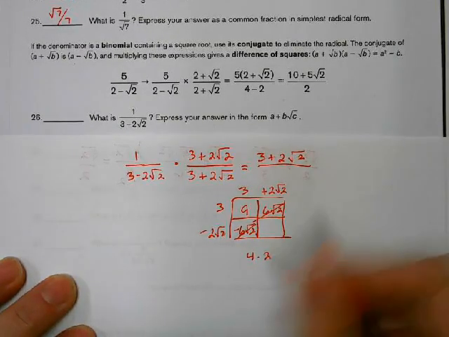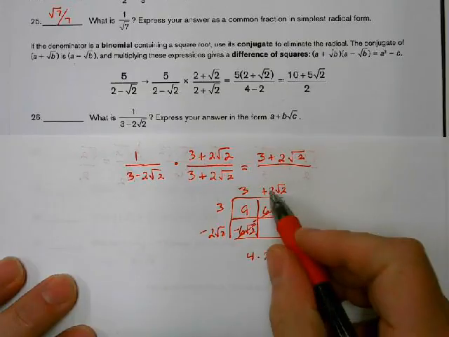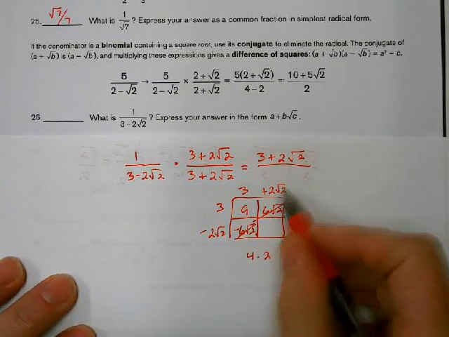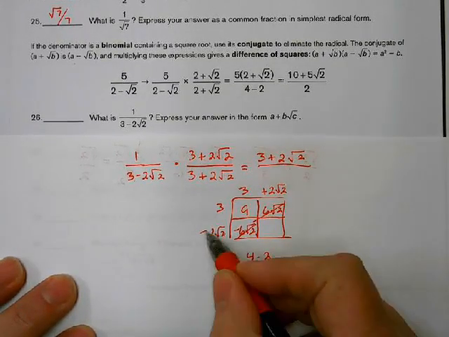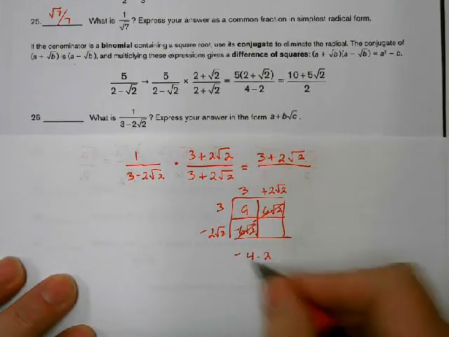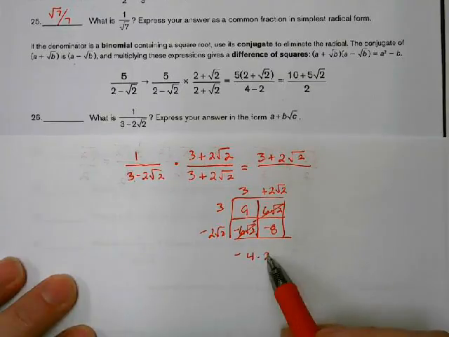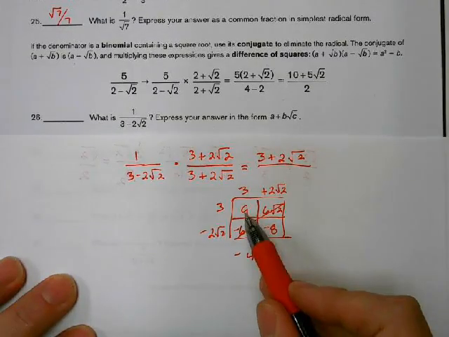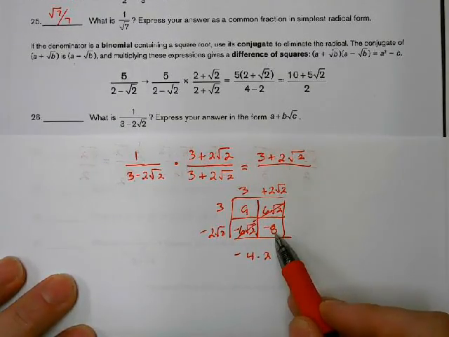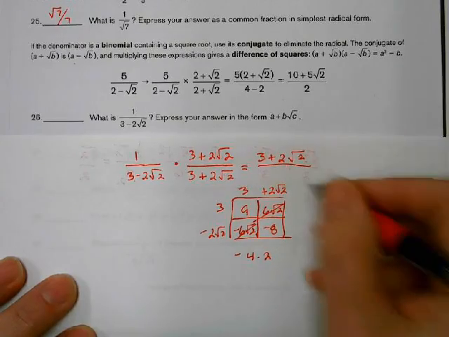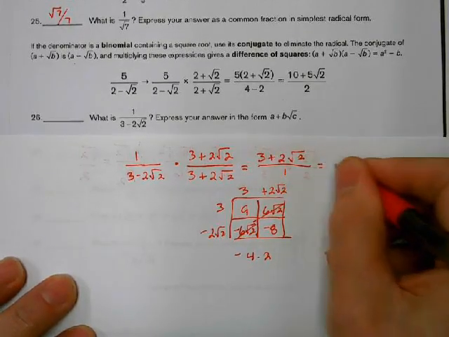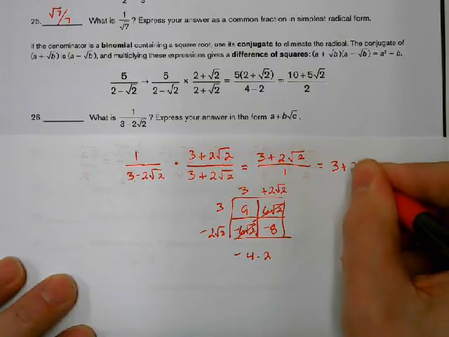So I got 4 times 2, which is 8, and then we also have the negative. So this is going to be negative 8. So in my denominator, all I am left with is 9 and negative 8. 9 minus 8 is 1. So my final answer is 3 plus 2 root 2.